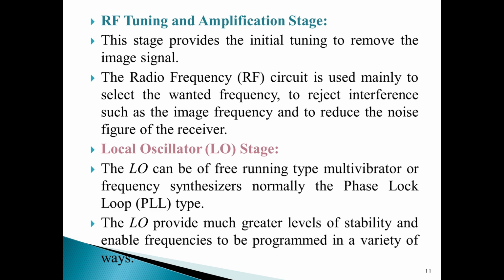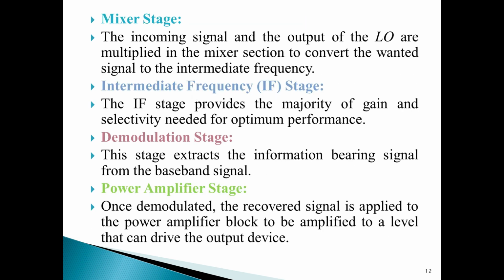The LO stage. The local oscillator stage can be of free-running type, such as a multivibrator, or a frequency synthesizer, normally the phase lock loop (PLL) type. The local oscillator provides much greater levels of stability and enables frequencies to be programmed in a variety of ways. Mixer stage.